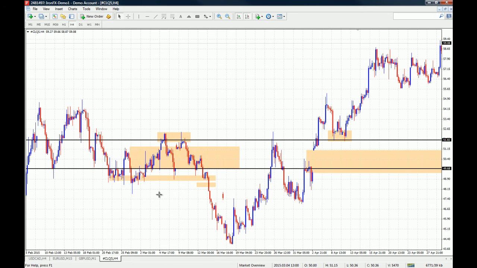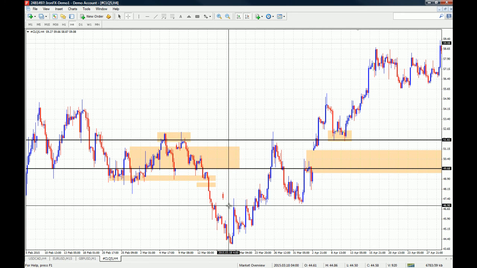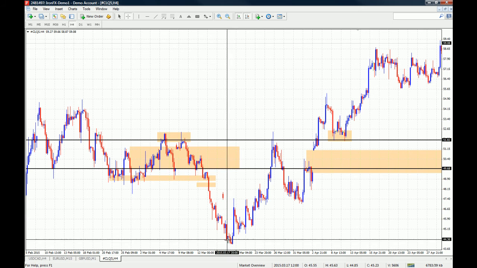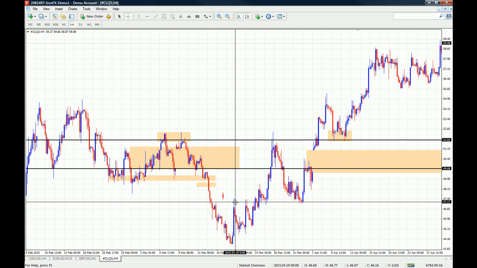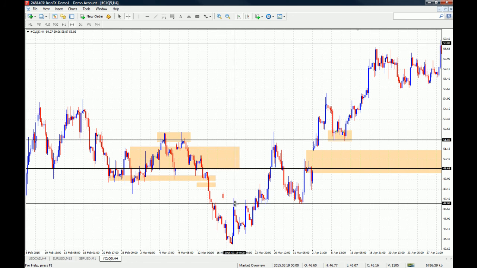And in the other case, if price fills the gap and then continues to the downside, you are going to buy put options. And again, you are going to be trailing those options, meaning that if you have a big move to the upside that breaks with the previous highs, you are going to sell that option at a profit.